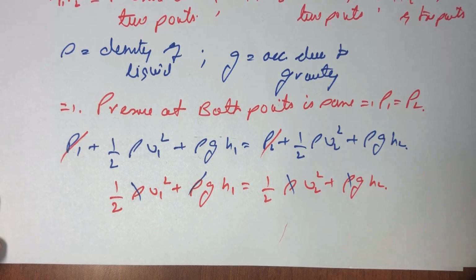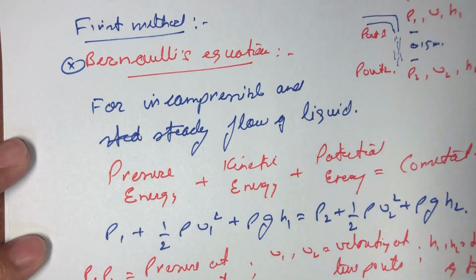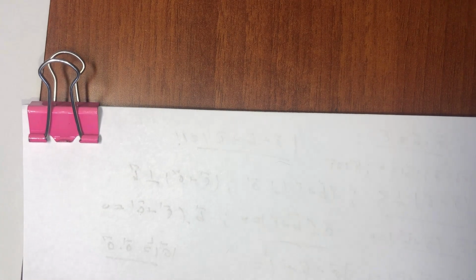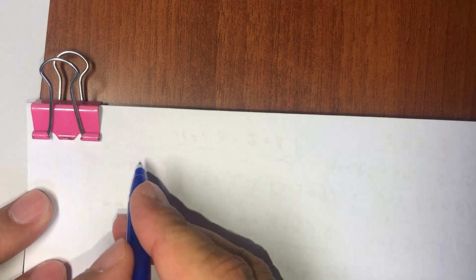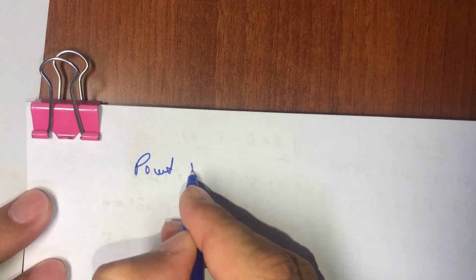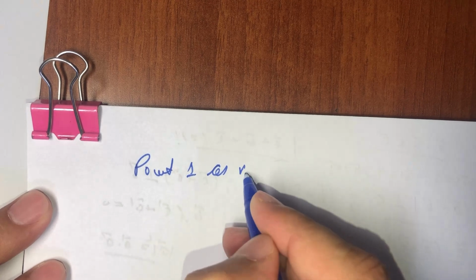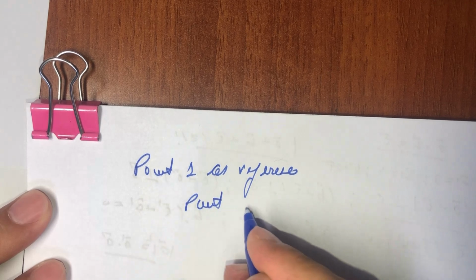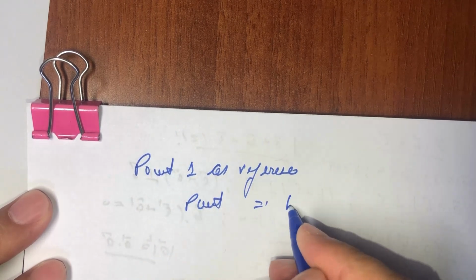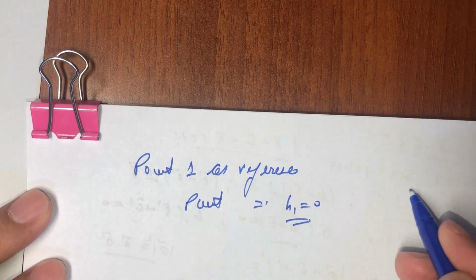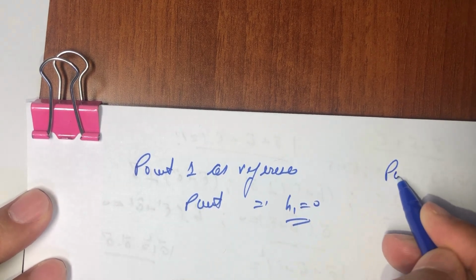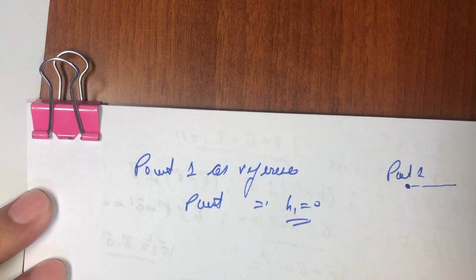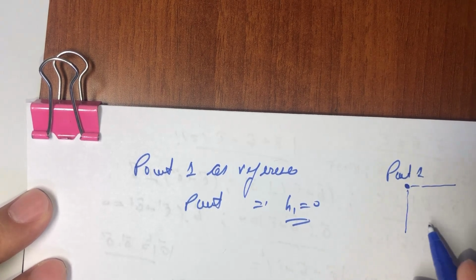In this case we assume that point 1 is our reference point. If point 1 is a reference point, then we can say that the value of H1 is equal to 0. So this is suppose point 1, and point 1 is taken as a reference, and we have a point 2 somewhere here.